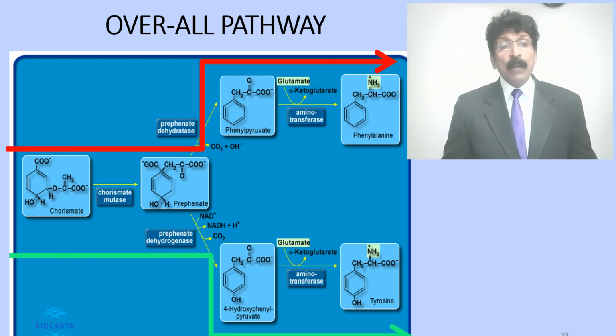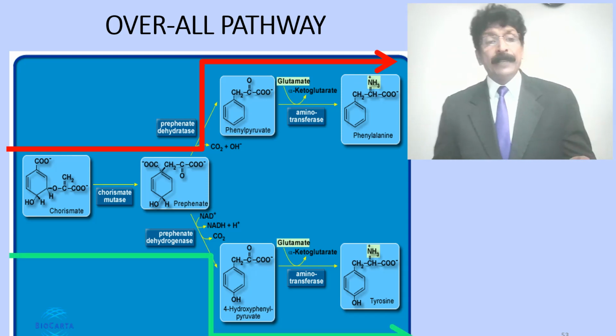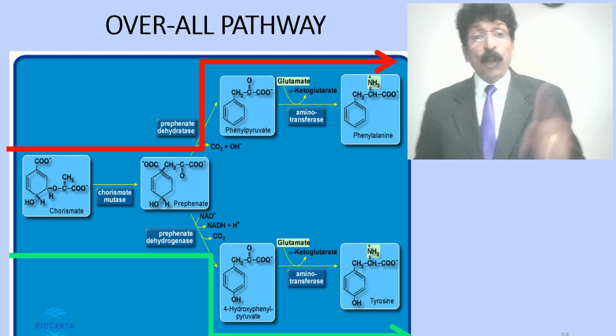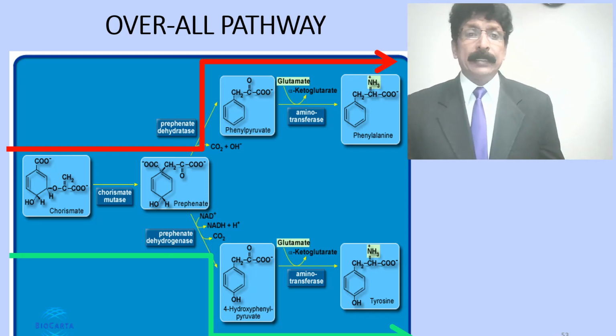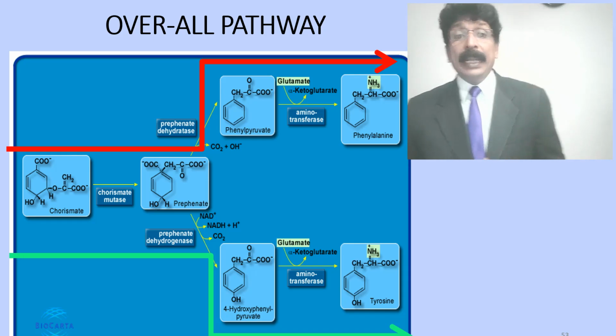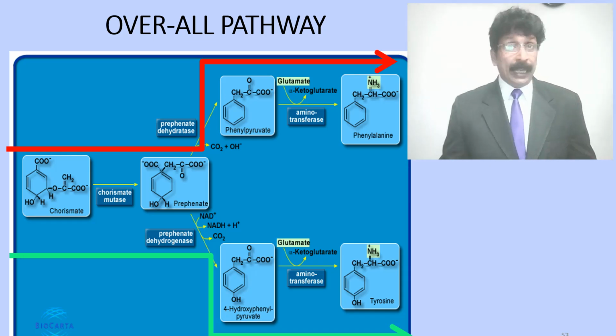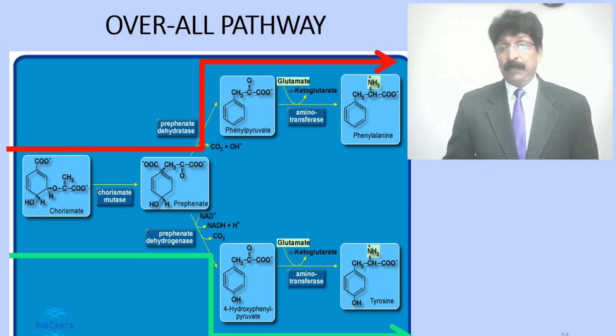Second one, the same chorismate is converted into prephenate by means of the same chorismate mutase, and in the presence of NAD and NADH or NADP also possible, with release of carbon dioxide.